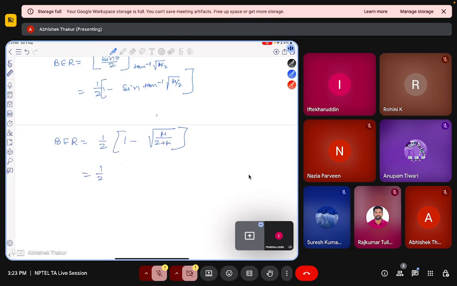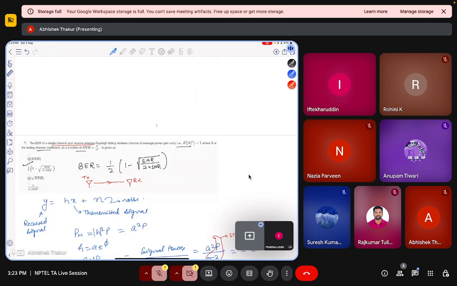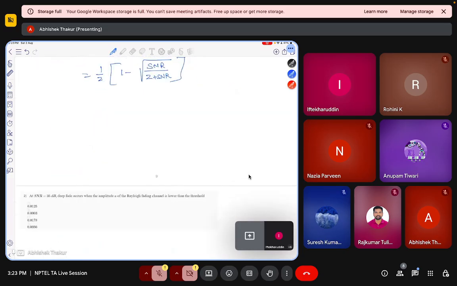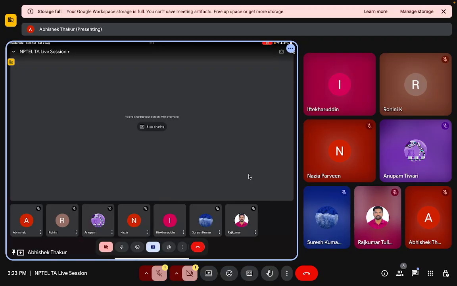So we will get half 1 minus square root of SNR by 2 plus SNR. So for this question, option number B is the correct answer. So we'll move on to the next question.